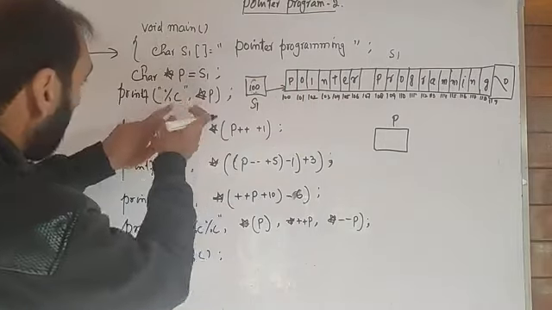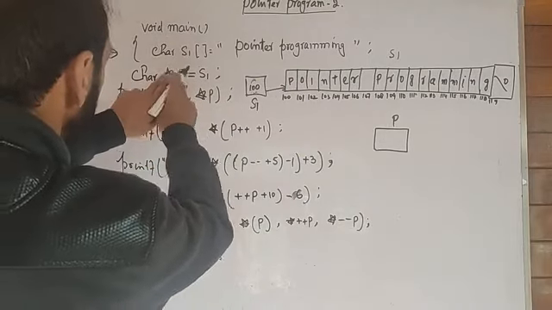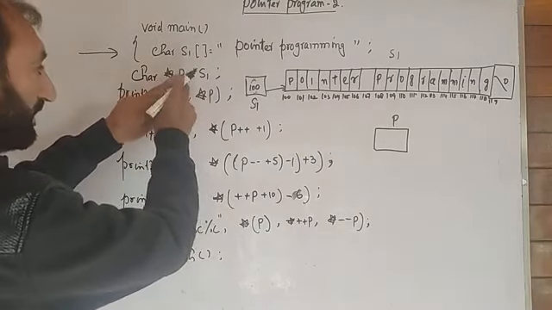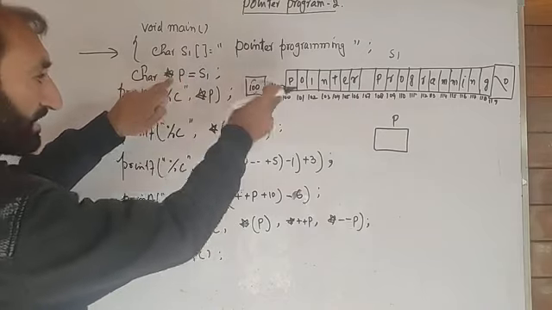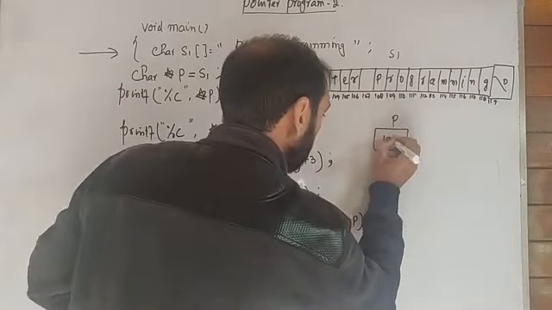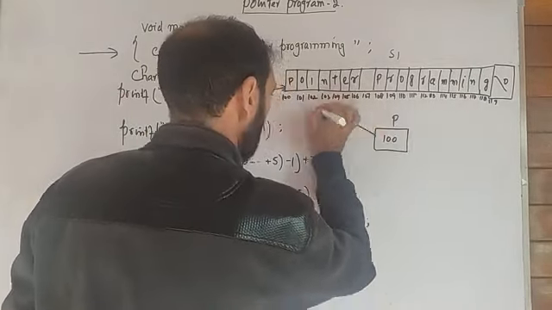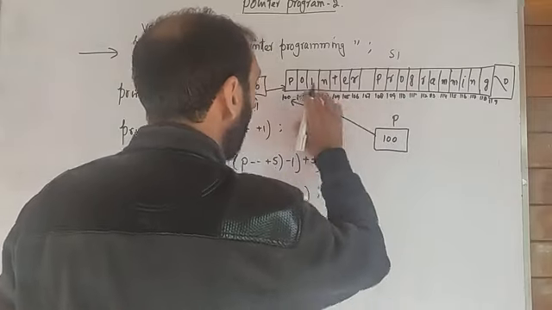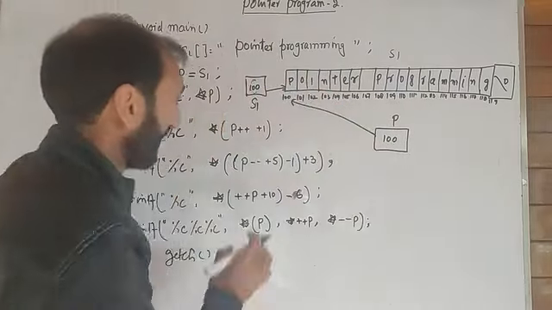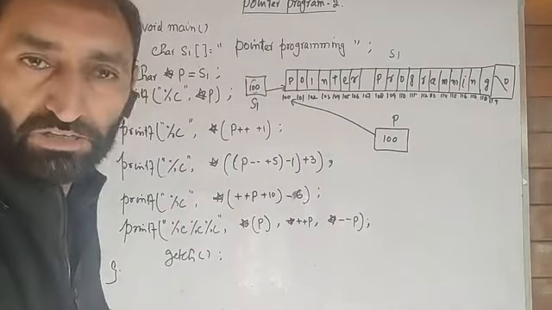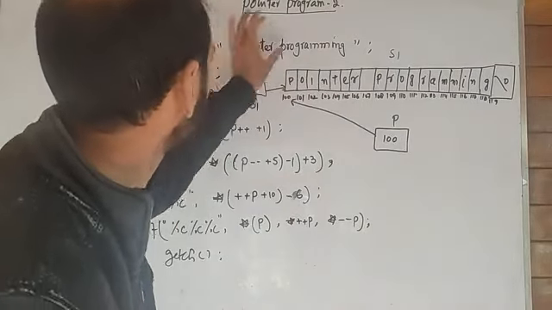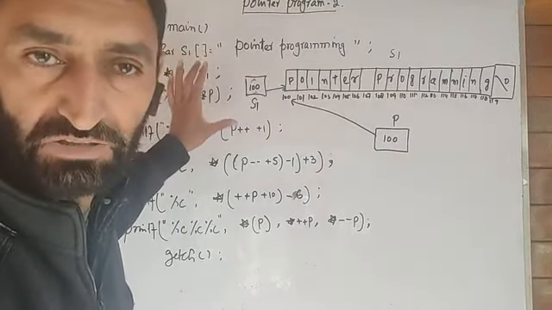So here I have initialized this pointer with S1. That means this pointer contains the address of the first byte of the array, that is 100. This P points to 100, the first byte of this character array.